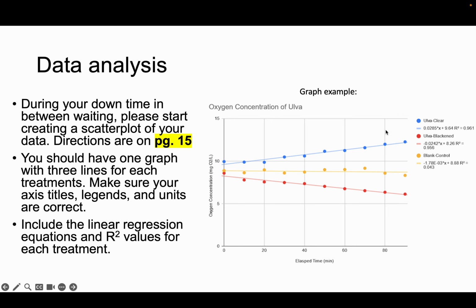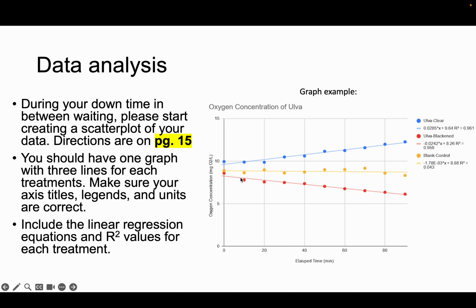Okay, so overall, the ova that is in the clear jar, because it's exposed to light, there should be an increase in dissolved oxygen concentration over time because it's able to perform photosynthesis, and with photosynthesis, it does produce more oxygen.